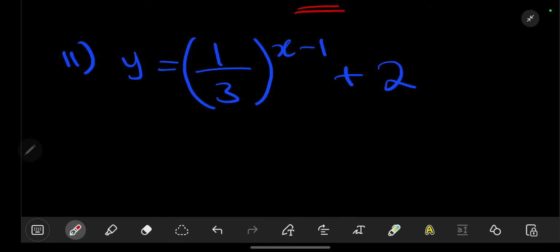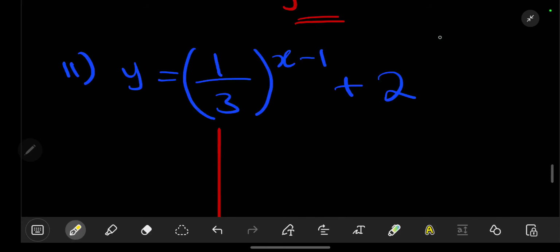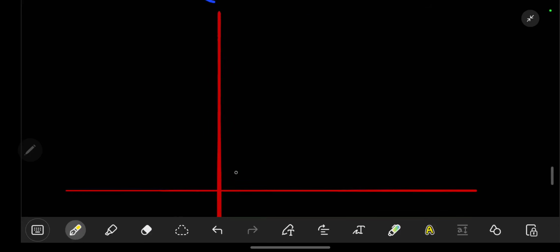For this problem, we are going to get something like this. If you have 1 over 3, it means it's a decreasing function, meaning as x increases, y decreases. So we are going to have something like this. Let's say it passes there.